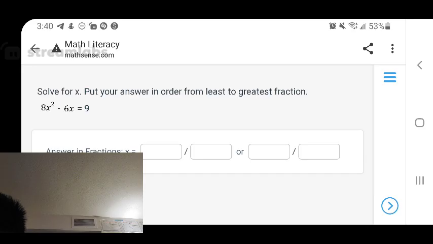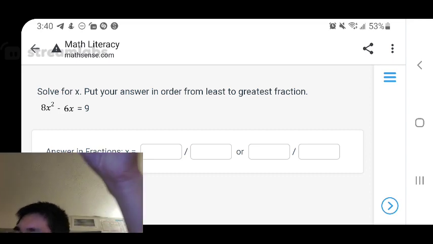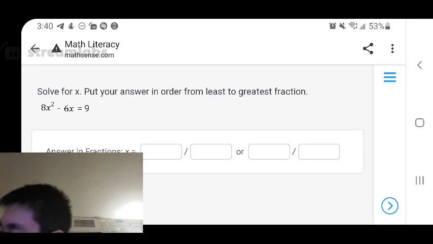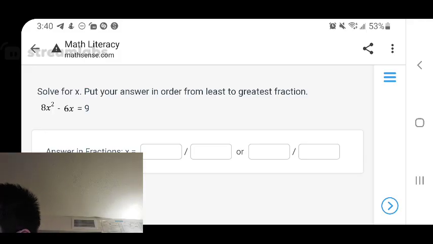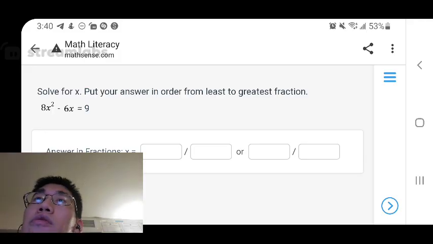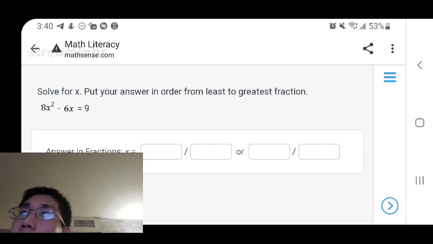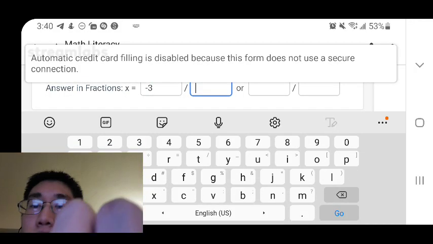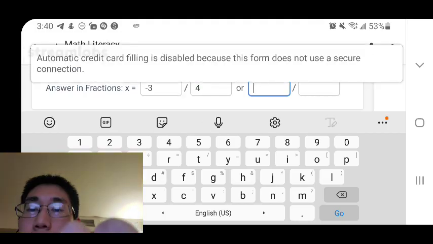Yep, divide by 4, divide by 2. Sounds right. Yeah, it works. You want fractions, negative 3 on top like that. Negative 3/4 and 3/2.